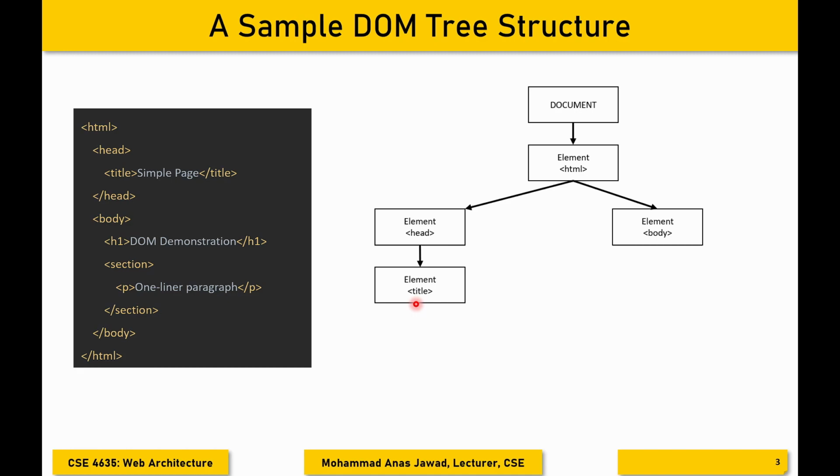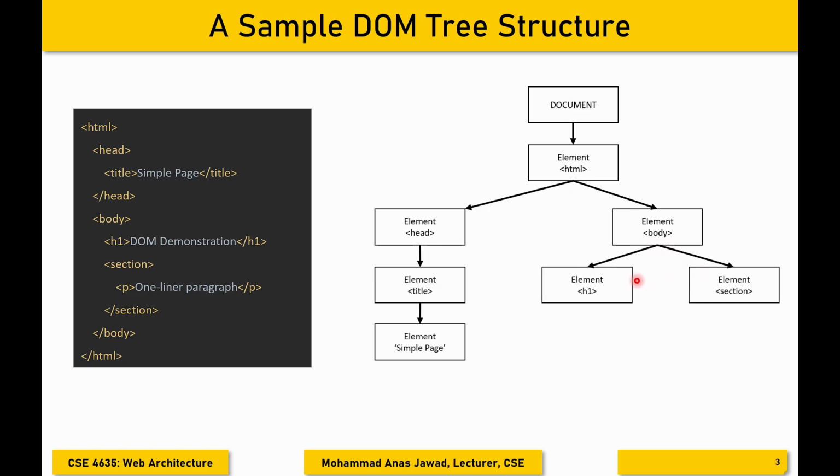Now, one important thing to note is that even the content of the title element, that is the text simple page here, will also be regarded as a node inside the DOM tree. So that will be created here as well. All right. So next, similar to how we created the nodes for the head, title, and the simple page text inside the DOM tree, we will also have something similar happen in the case of the body tag.